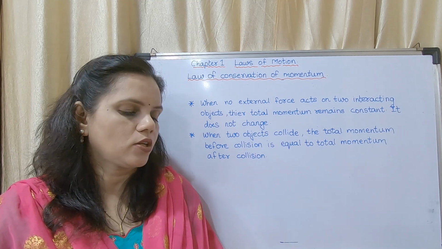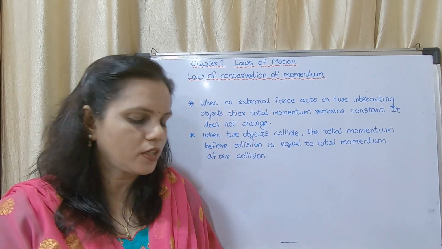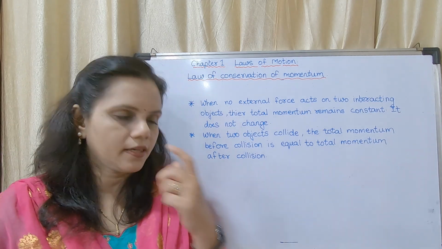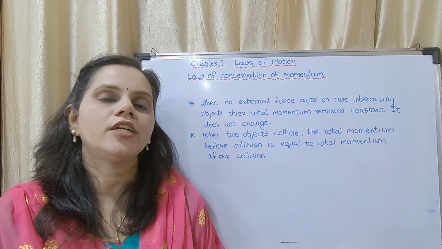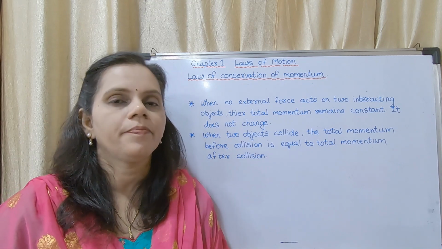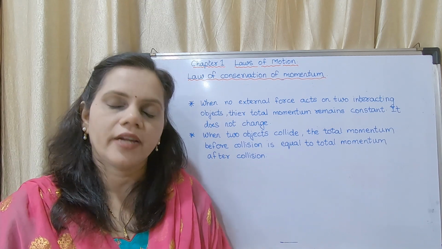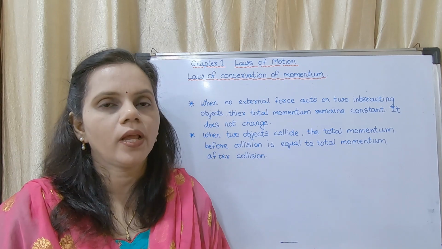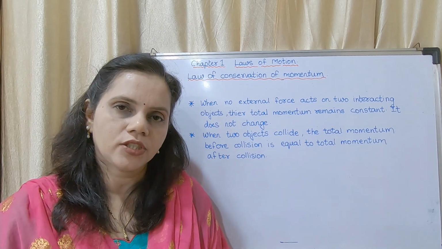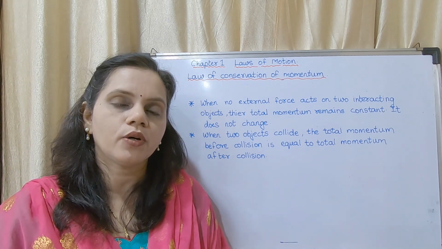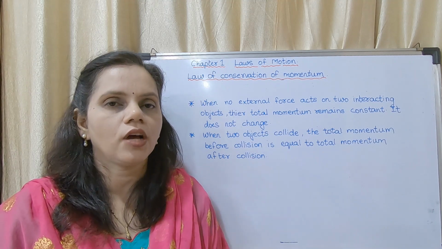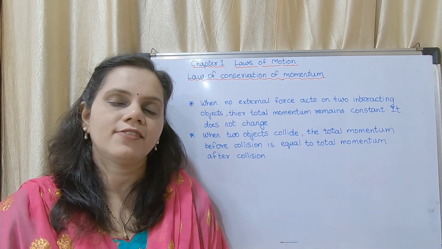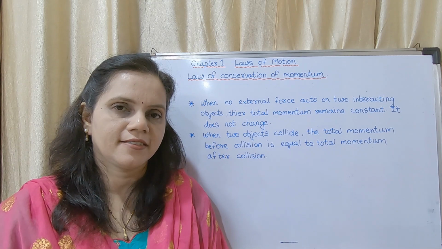Total momentum is also constant during the launch of a rocket. So the basic thing which you have to remember is, according to Newton's third law of motion, for every action force there is an equal and opposite reaction force. That is proved by law of conservation of momentum. Now we will see the numericals.